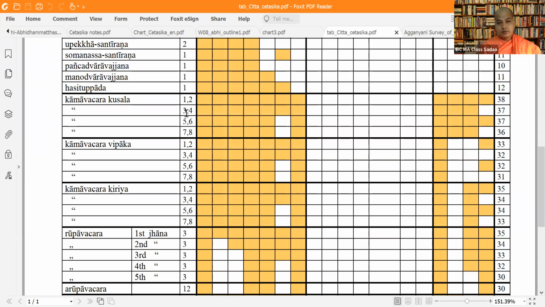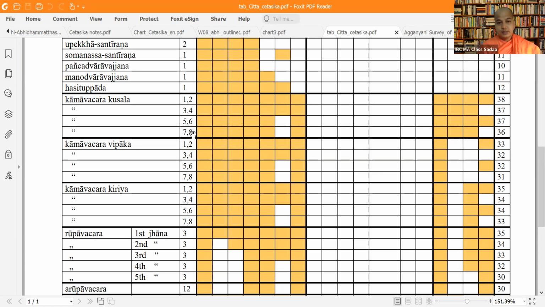In the third and fourth chittas belonging to this category, Kamavachara Kusala, you have all these Chaitasikas present, but Panya is not present. Probably it belongs to Ditthigata Vippayutta. Therefore, Panya is not present. So you have 37.